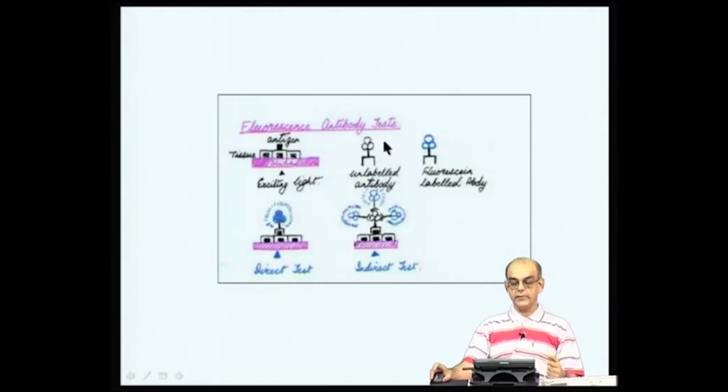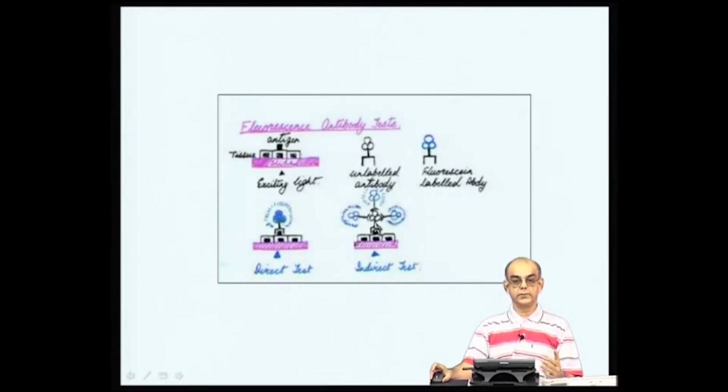If you have an antibody that has not been labeled with any chemical, this antibody, being specific to this antigen, will go and bind to this antigen when incubated along with this particular histological section.